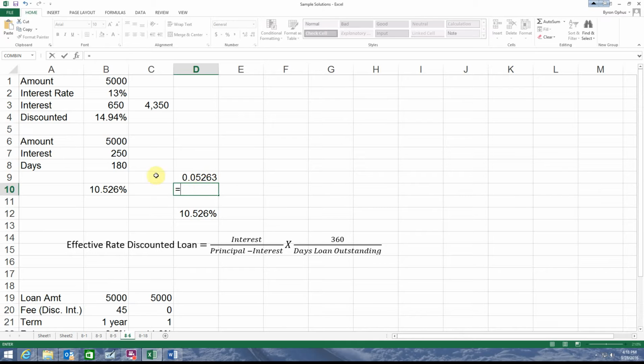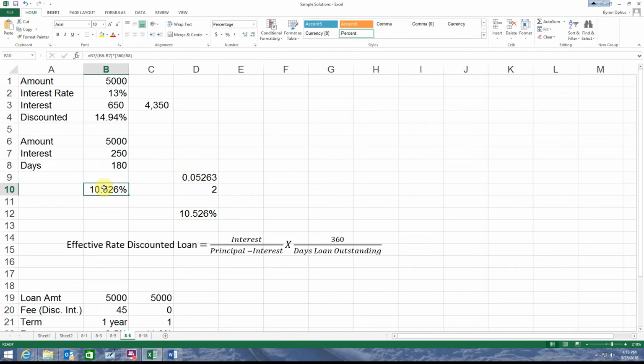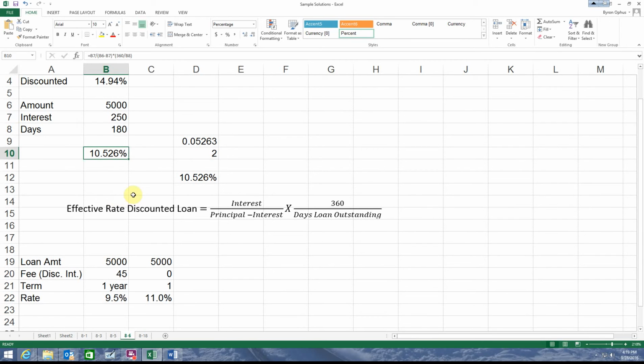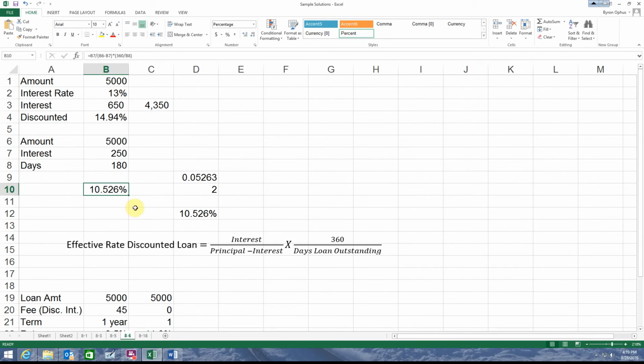Then this is equal to my days, 360, divided by the days outstanding, 180, so it's 2. And then I simply multiply this times this. Here I just did the entire equation and put it together, and you can see it up there. I won't bore you by redoing that, but that's how you calculate a discounted loan.